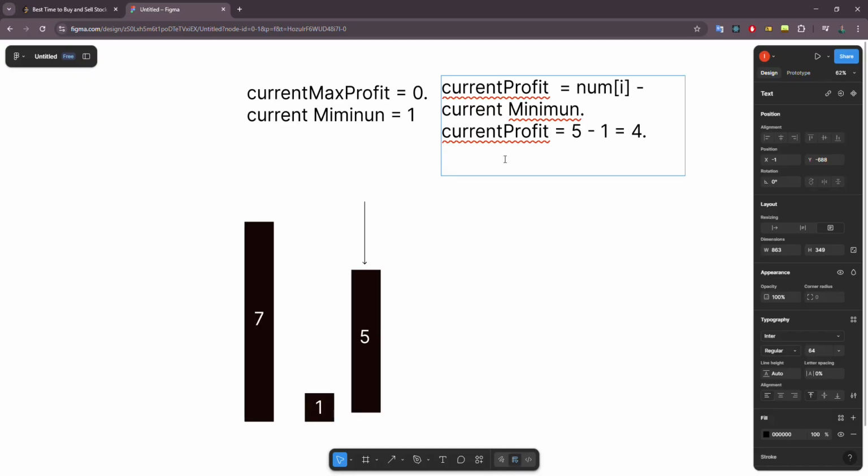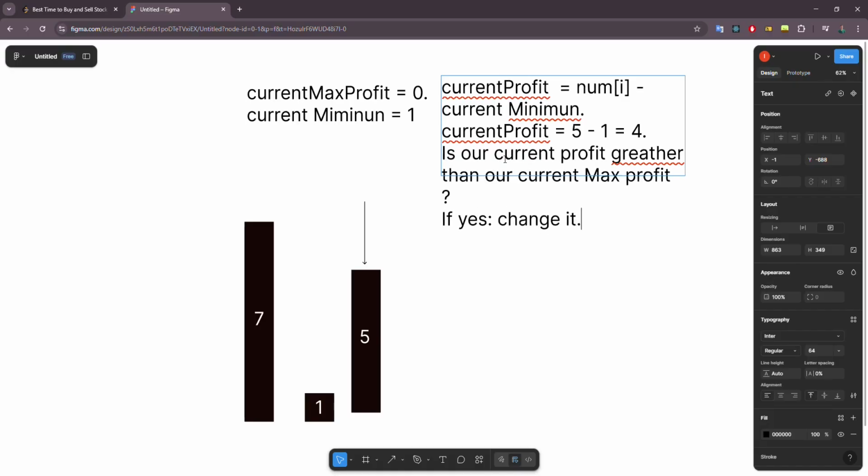Is our current profit greater than our current max profit? It is. If yes, change it.